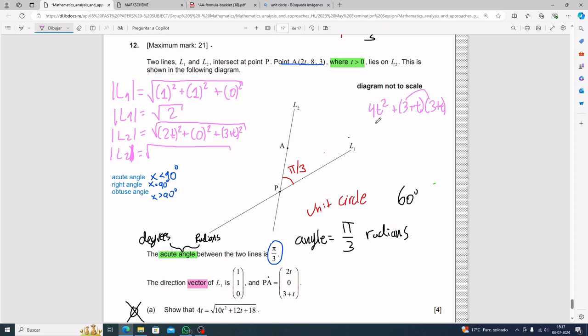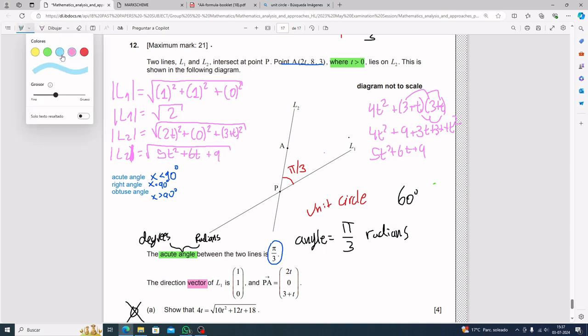So you're going to end up with plus 9 plus 3t plus 3t plus t squared. In other words, you end up with 5t squared plus 6t plus 9.